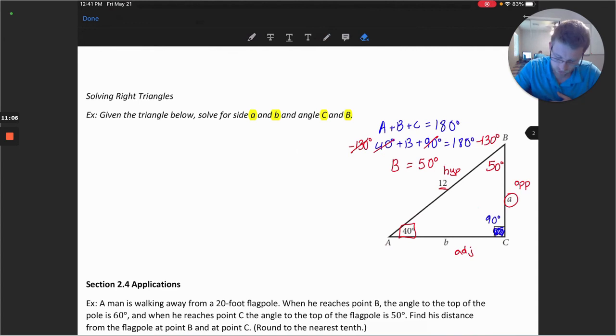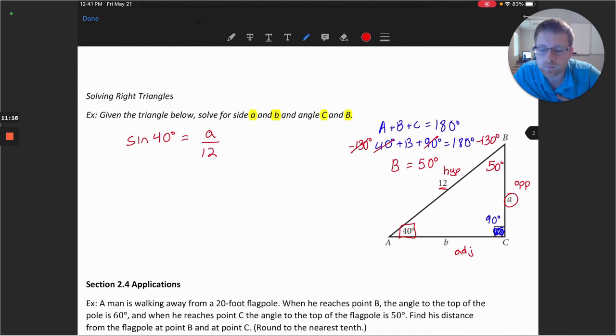So when I look at 40 degrees, I can say that the sine of 40 degrees is equal to side A divided by hypotenuse of 12. Here I can rearrange this equation to solve for A, and we can say that 12 times the sine of 40 degrees is equal to A.